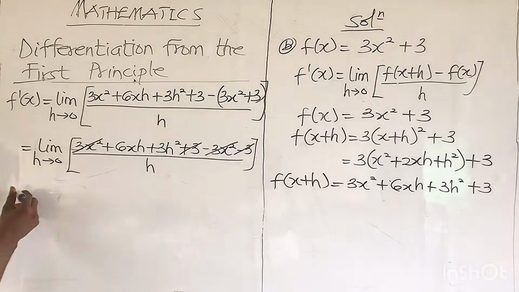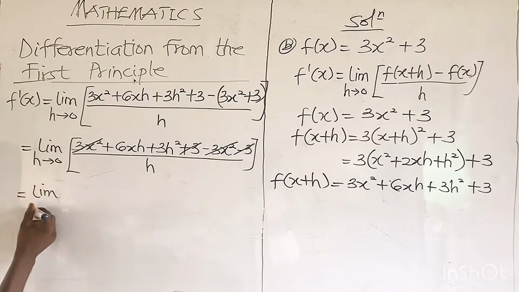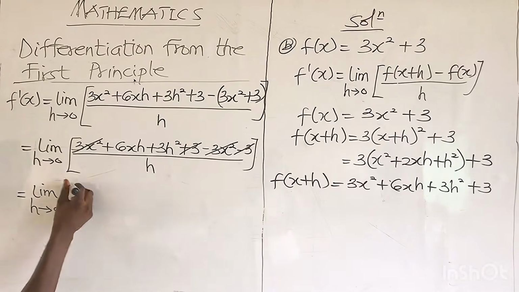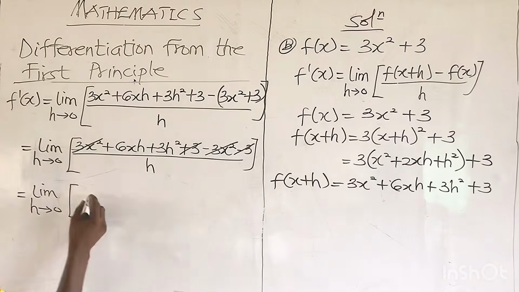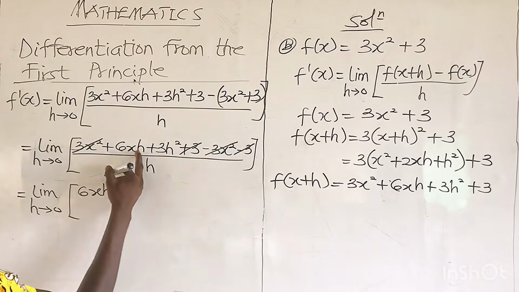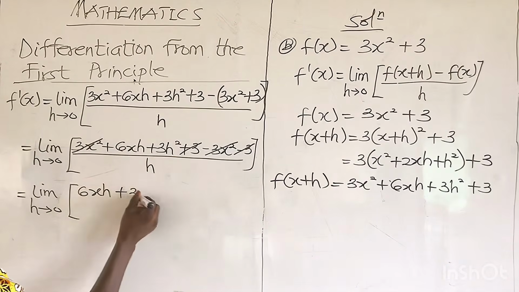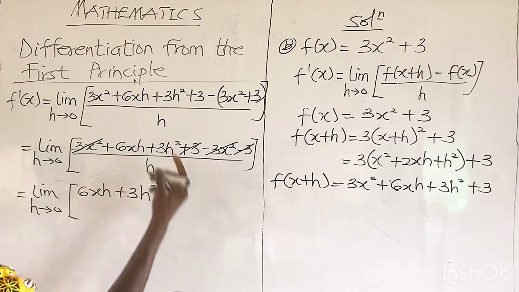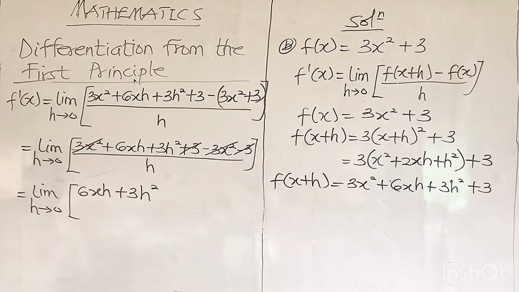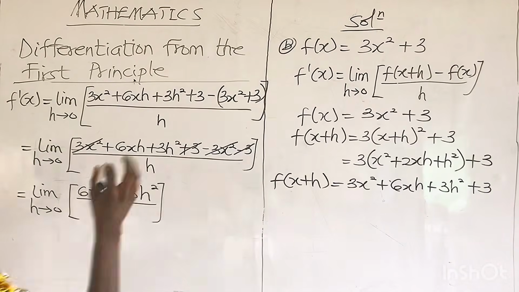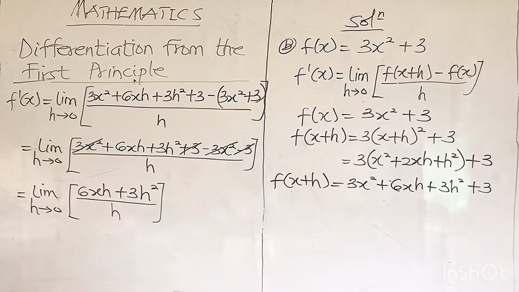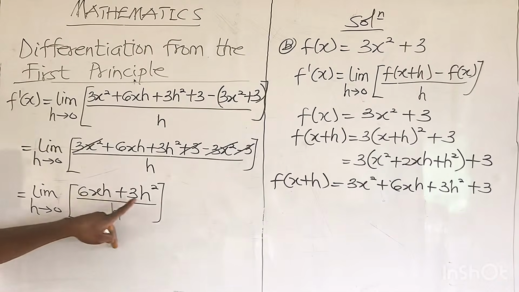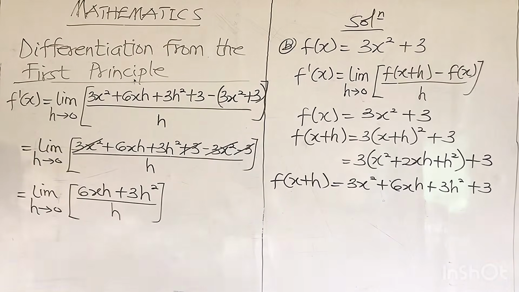Okay, so we still have the limit as h approaches 0. It will be left with 6xh plus 3h squared all over h. When I get here, I have h here, another h here. This means that I can factor h out.